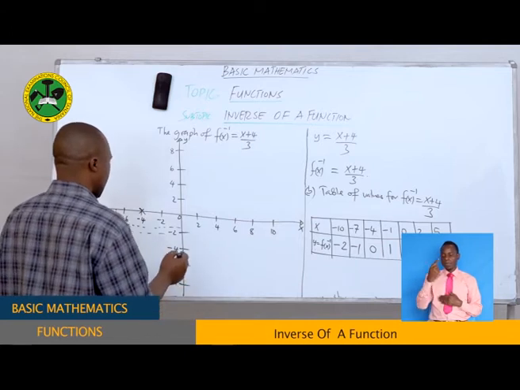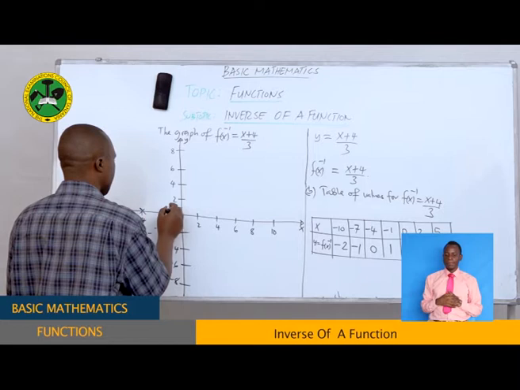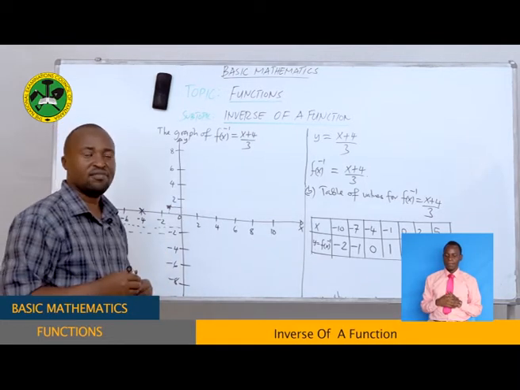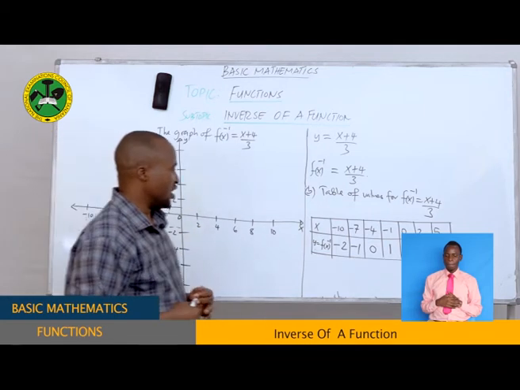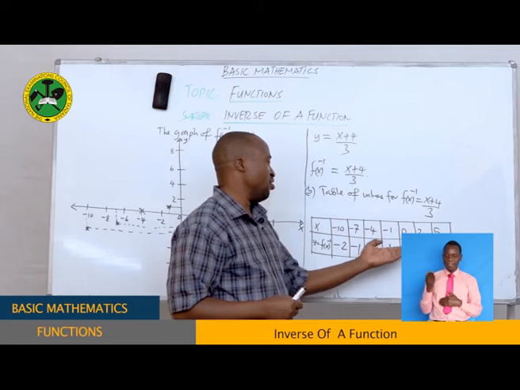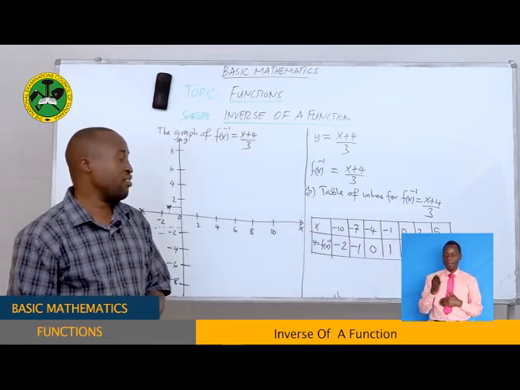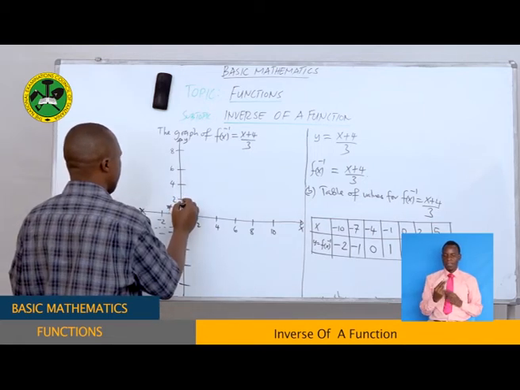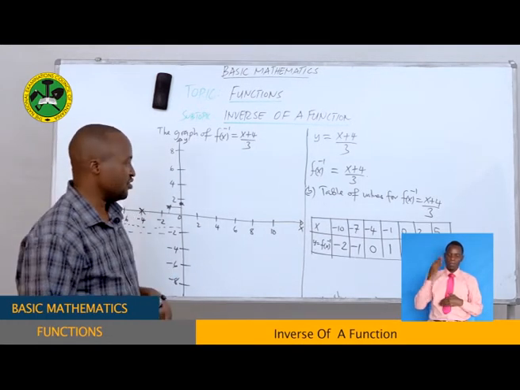That is negative 1 to be there. That is negative 1, comma, 1. And the next is 0, comma, 4 over 3. That is the same as 1 and 1 over 3. So that would be somewhere here. Okay? Since it is a sketching, no problem.